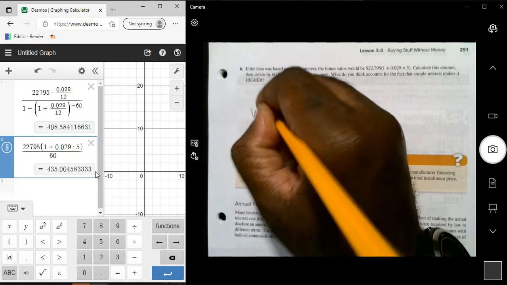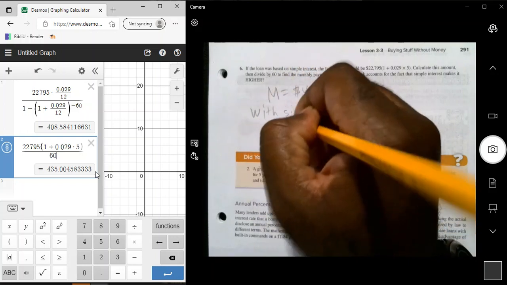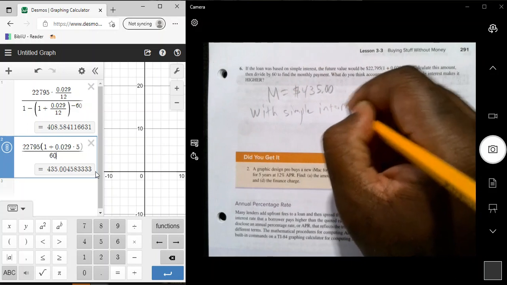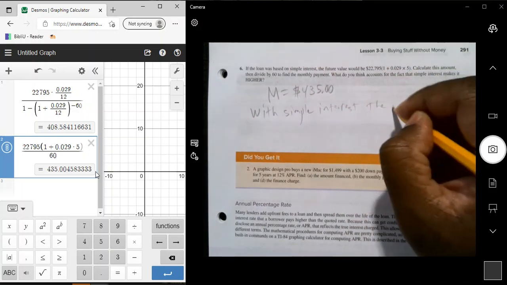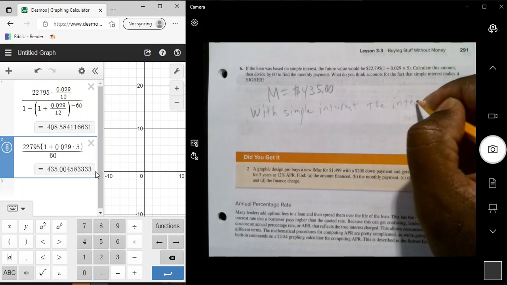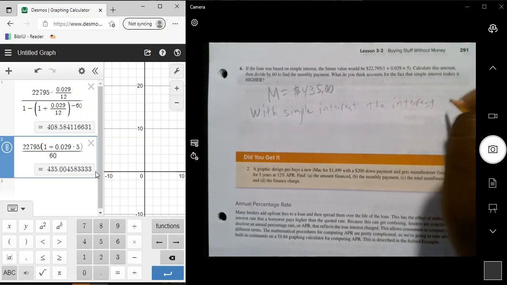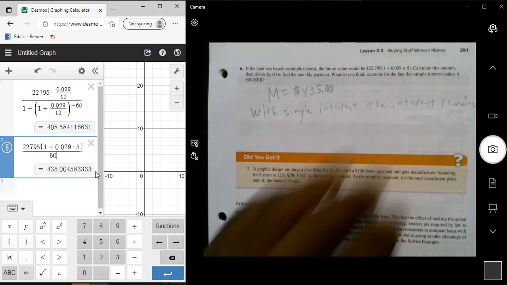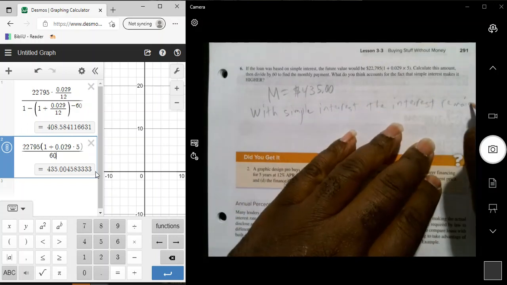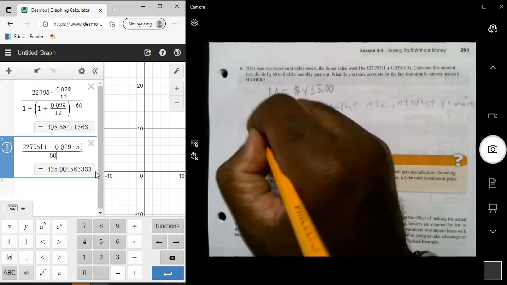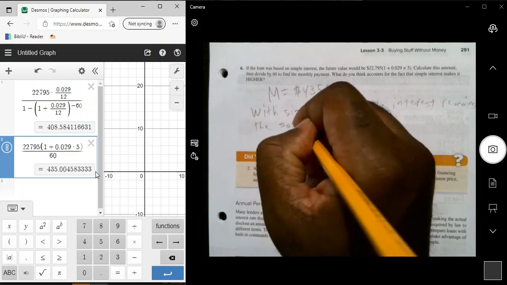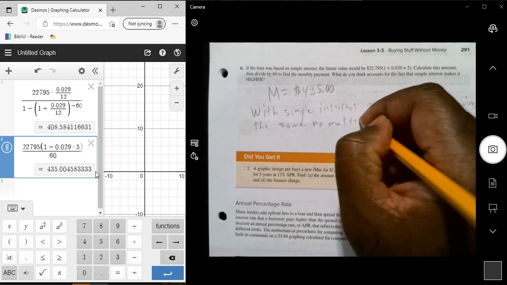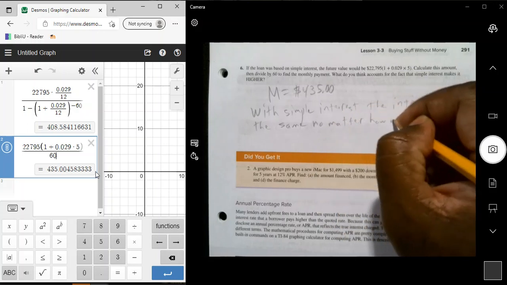With simple interest, the interest remains the same no matter how many payments you make.